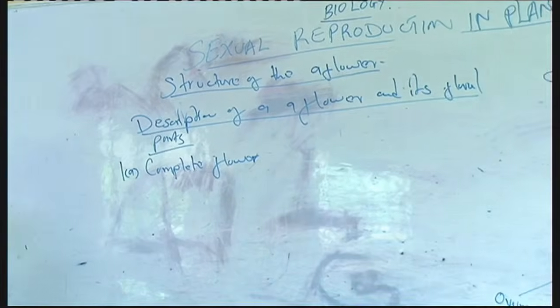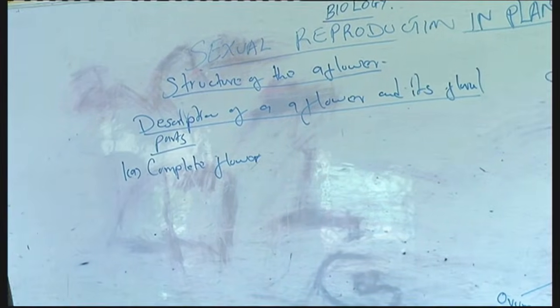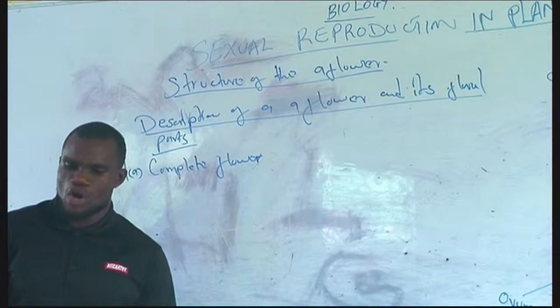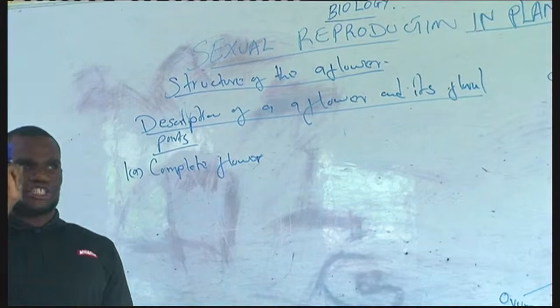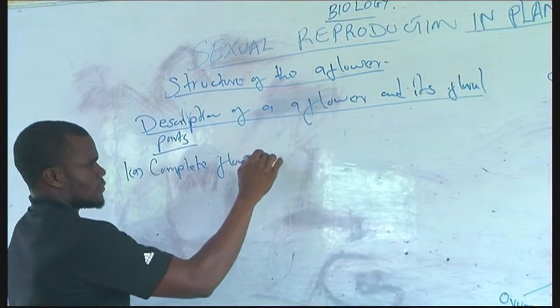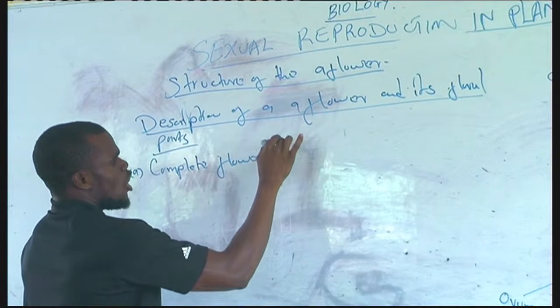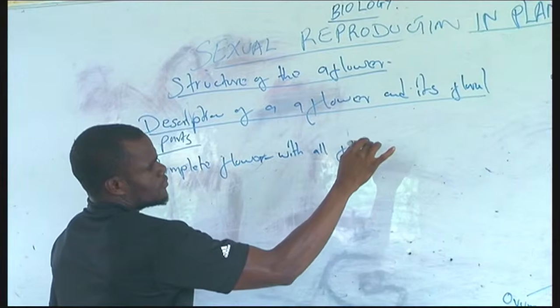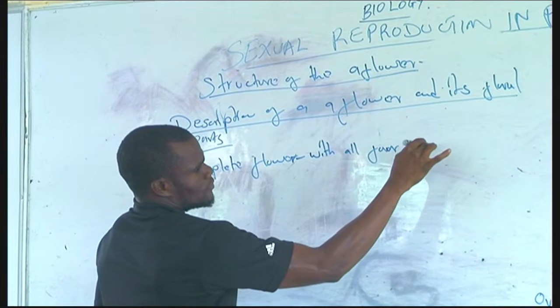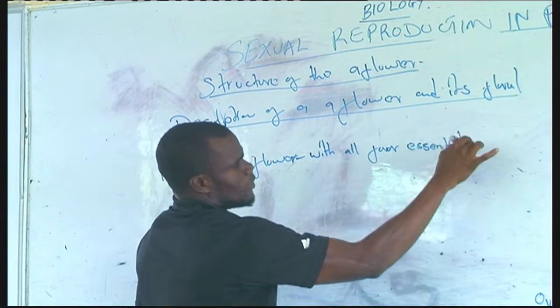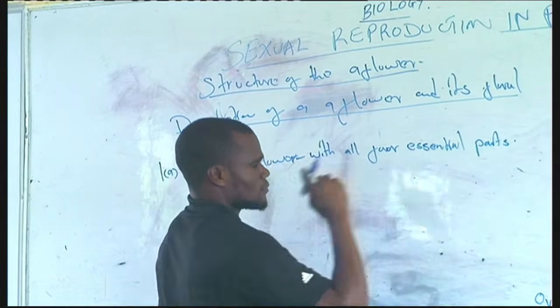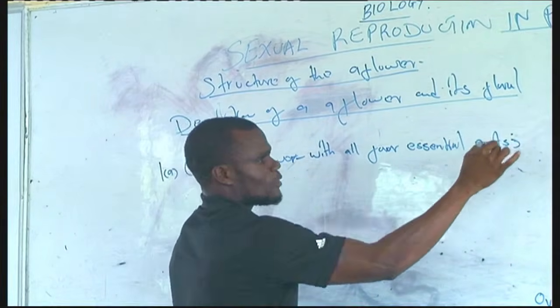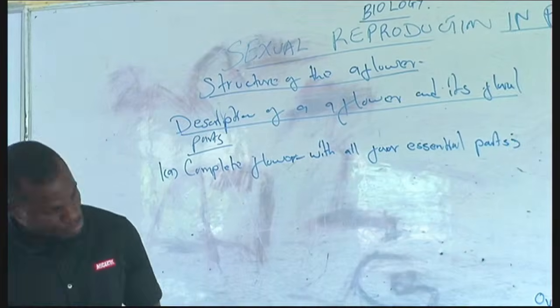What is this complete flower? When we talk of a complete flower, it is a flower with all the 4 essential parts. What are these 4 essential parts of a flower?